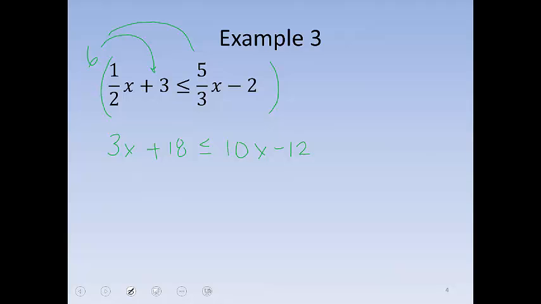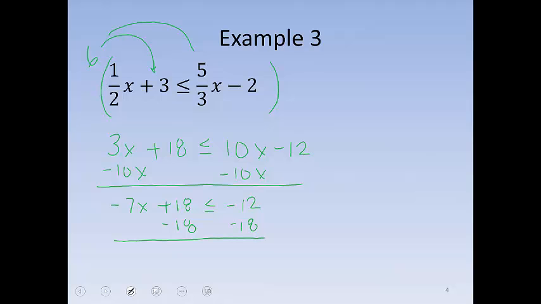I'm going to start by subtracting this 10x from both sides, and that leaves me with negative 7x plus 18 is less than or equal to negative 12. Then I'm going to subtract the 18. So I am using inverse operations, I'm just not organizing it the same way as I had in the previous two. And that leaves me with negative 7x is less than or equal to negative 30, which we will divide by a negative 7.